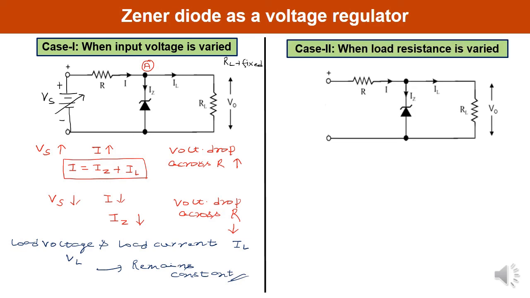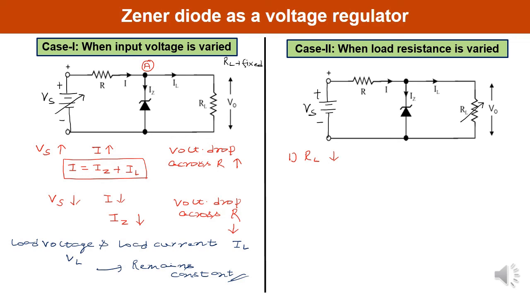Second case, when load resistance is varying, in this case the input voltage is fixed. This Vs is fixed, but this load resistance is varying. So what will happen now? Here in this particular case, since Vs is fixed, input voltage is fixed, RL is varying. So first case, when RL decreases, the load current increases.